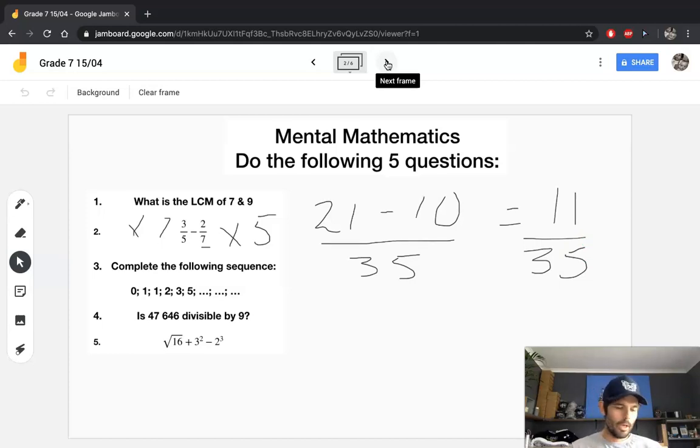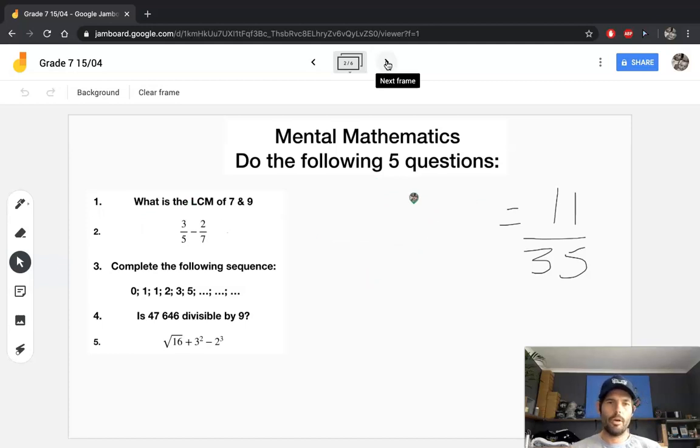Then next question, complete the sequence. So you could have recognized that you are just adding the previous 2 terms to get to the next term. The first 2 terms are 0 and 1. 0 plus 1 is 1. Then the next term is 2, so 1 plus 1 is 2.